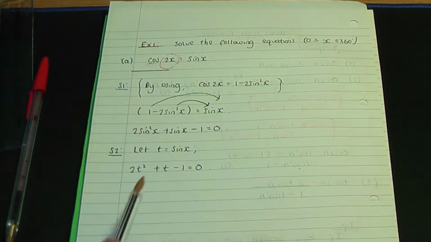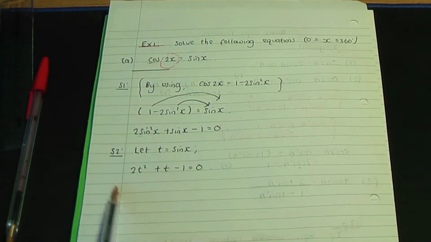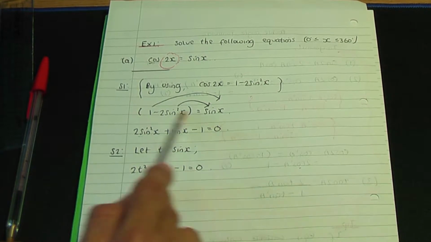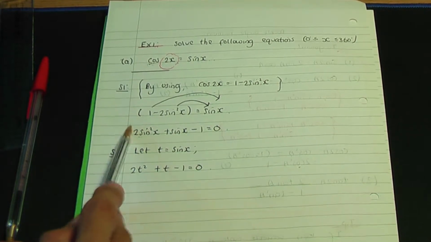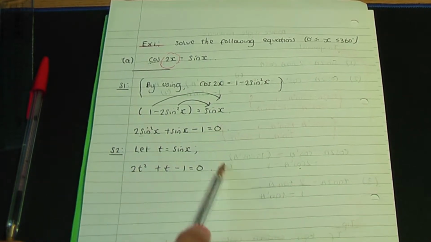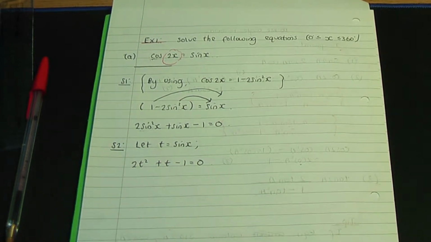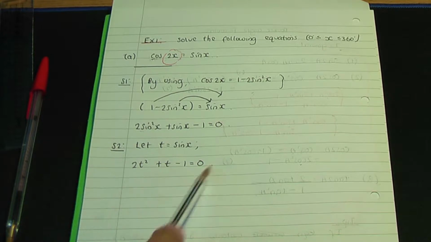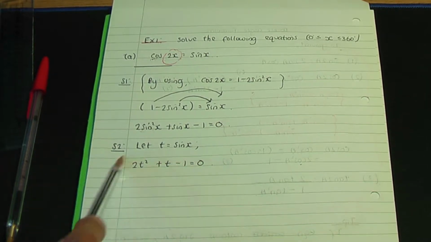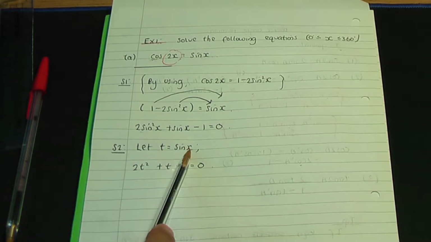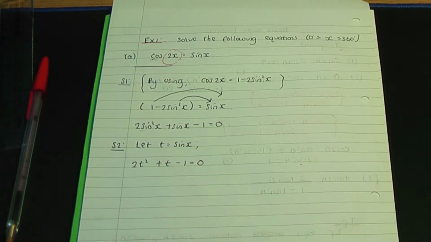You don't need to do this step. You can solve using this quadratic involving sine, but this for me makes it easier to recognize and solve. By working out the t values, I go back to the substitution to work out the x angles later on.